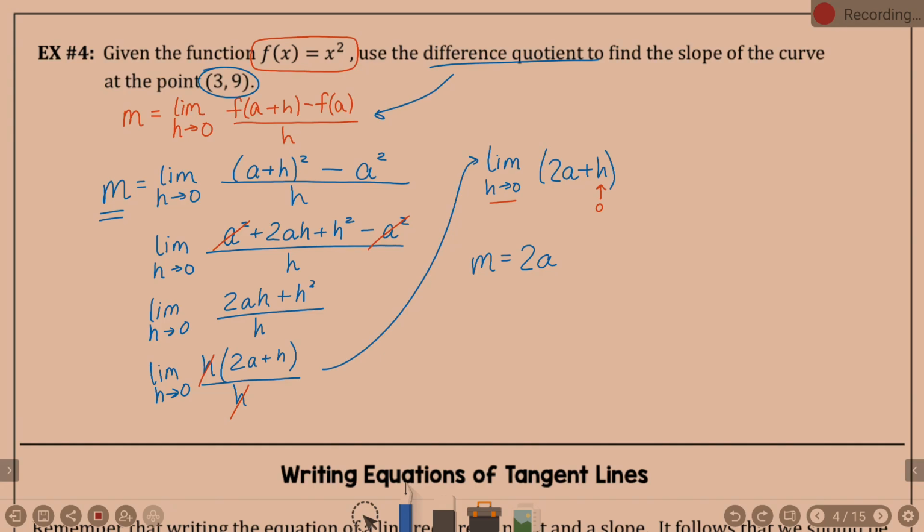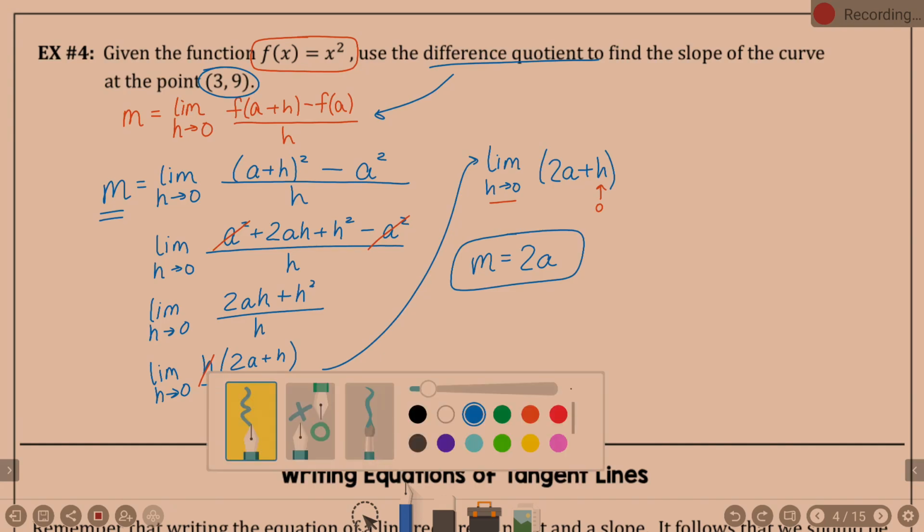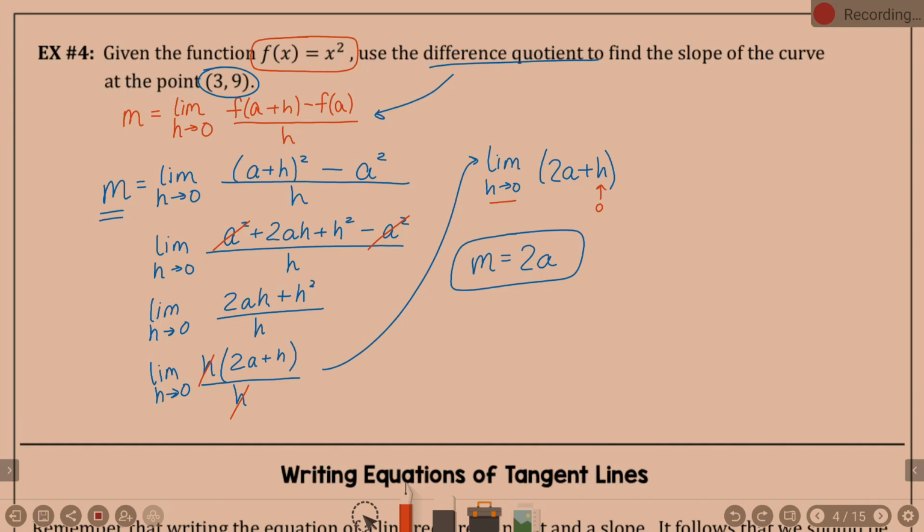Then the limit as h approaches 0 means we put 0 in for h, and we are left with the formula m equals 2a. That m equals 2a is representing the slope of the line at any point on this curve.